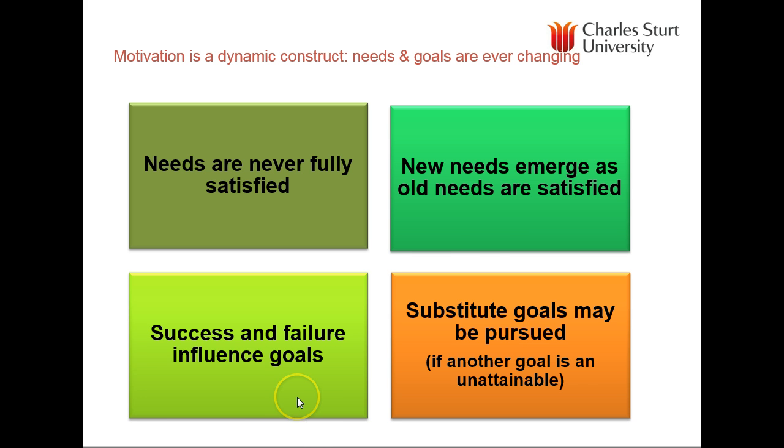Your success and failure influences goals. So, for example, if you fail to become a CEO at the age of 30, you might change your goals maybe to more artistic pursuits or towards something else. Substitute goals may therefore be pursued. So you can see why goal theory is so important in consumer behaviour, since it directs our basic directions.